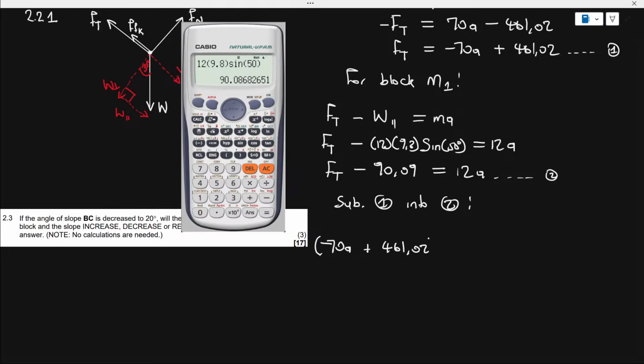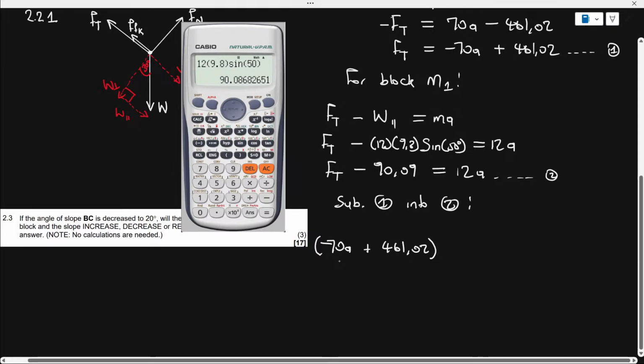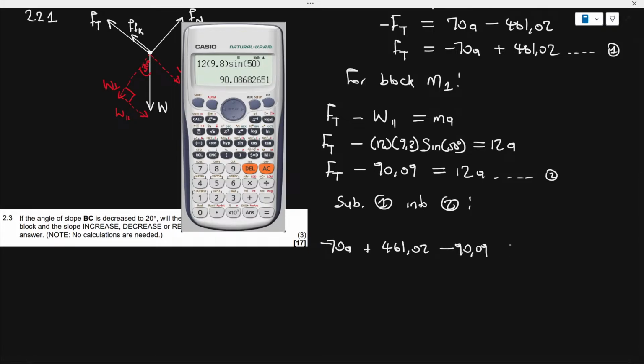And it's advisable, when substituting an expression, to put it inside brackets, just in case the signs will be affected when you are multiplying, especially if there was a negative sign here. But of course, in this case, there's no need to do that. And then we can subtract 90.09, and this will be equal to 12a.